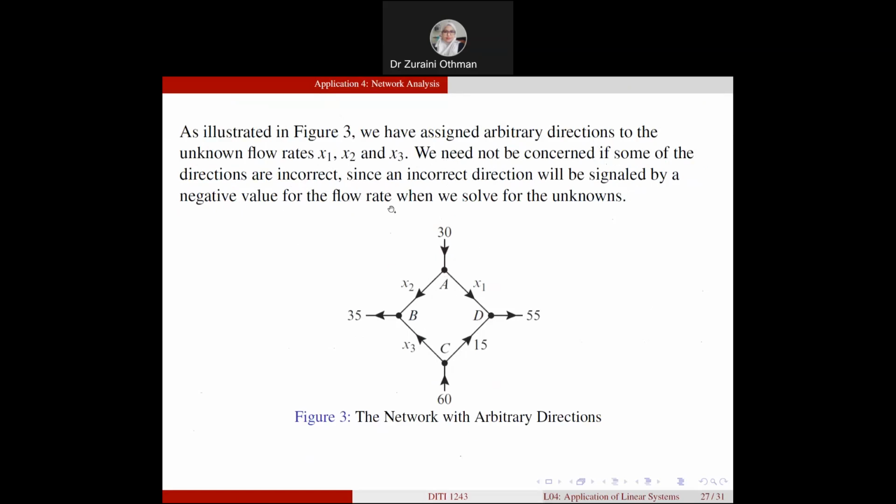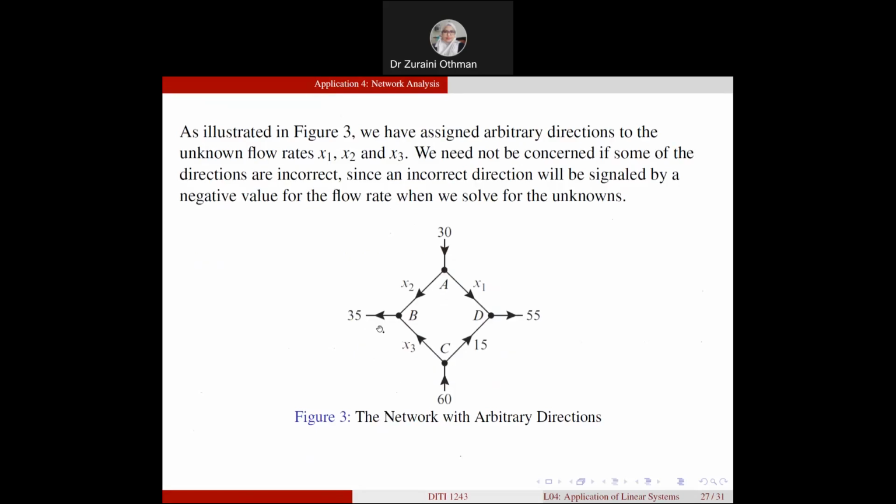Okay, so sekarang kalau kita dapat flow yang kat sini X, Y, 1, 2, 3 ni negatif, we know already our direction tu salah, kena pusing ke belakang macam tu. Tak apa. Okay, now we look at how this person solve this network punya masalah.